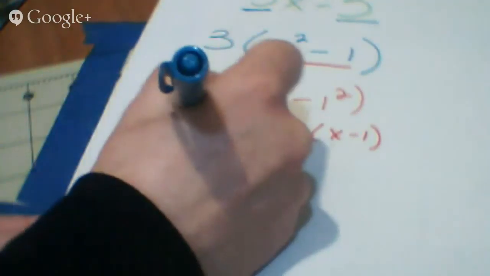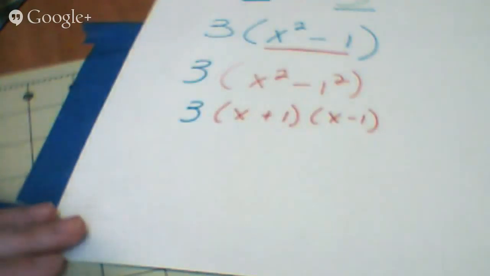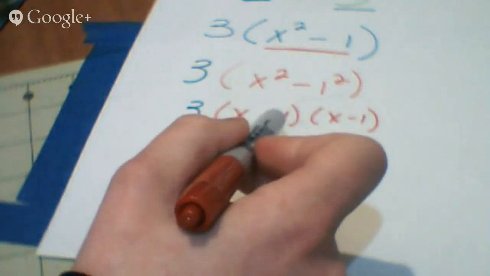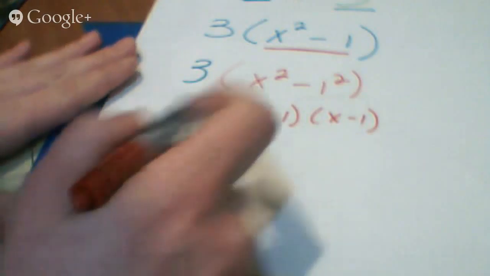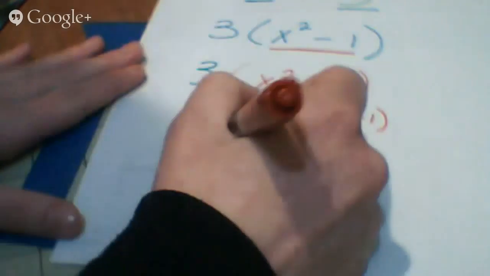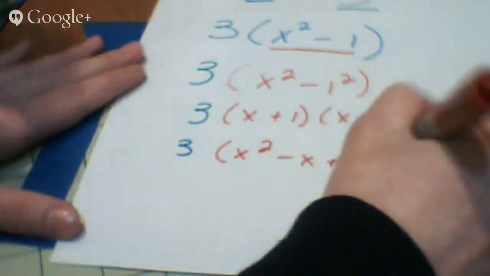And the 3 again is just coming along for the ride. Now, like we said before, if I were to FOIL this back out, I would get the x squared minus 1 because we did that earlier. And you can rewind and look at that if you want to. If I were to FOIL that all out, I would get x squared minus x plus x minus 1.